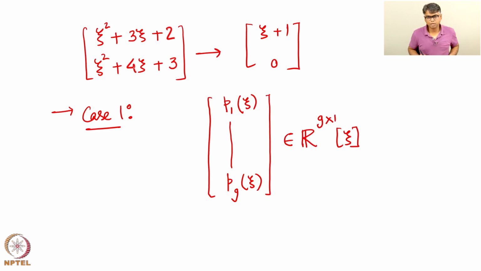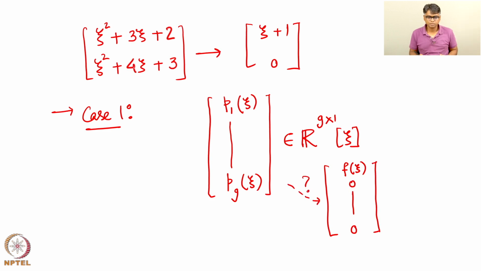Is it possible to convert this into the form of a column vector which looks like this? Is it possible to somehow go from here to here through unimodular row operations? The answer is yes, and this is true because of the Bezout Aryabhatta, or Aryabhatta-Bezout identity. That is what we are going to see.